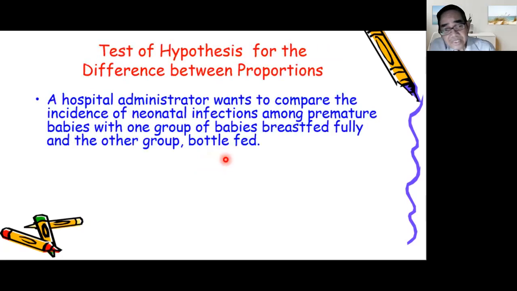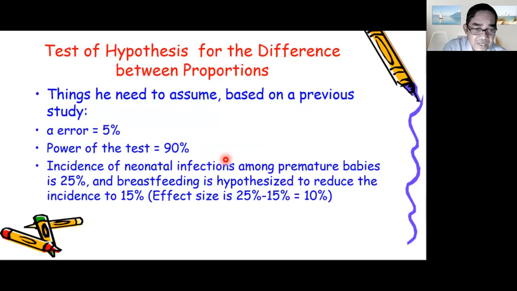Okay. Let me give an example. A hospital administrator wants to compare the incidence of neonatal infections among premature babies, with one group of babies breastfed fully and the other bottle-fed. So two groups of babies, one bottle-fed and one breastfed fully, and the outcome is incidence of neonatal infection. These are the things that he needs. Again, the alpha error is arbitrarily assigned by the investigator.